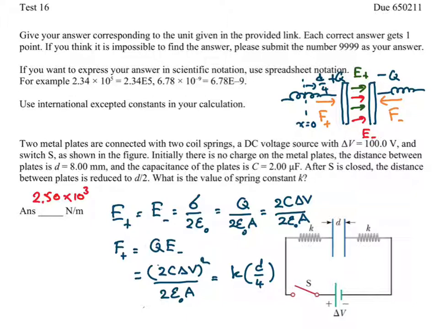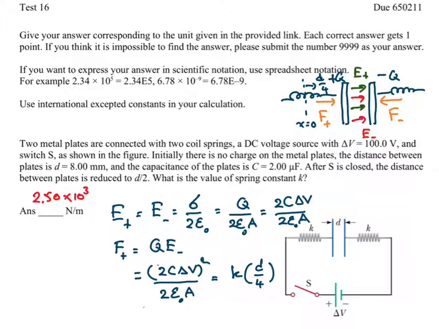To calculate the force, we must first know the electric field, and we have discussed this before, that the electric field between the capacitor from the positive charge and from the negative charge will have the same magnitude and the same direction. So we must have E plus equal to E minus, which is equal to sigma over 2 epsilon naught.